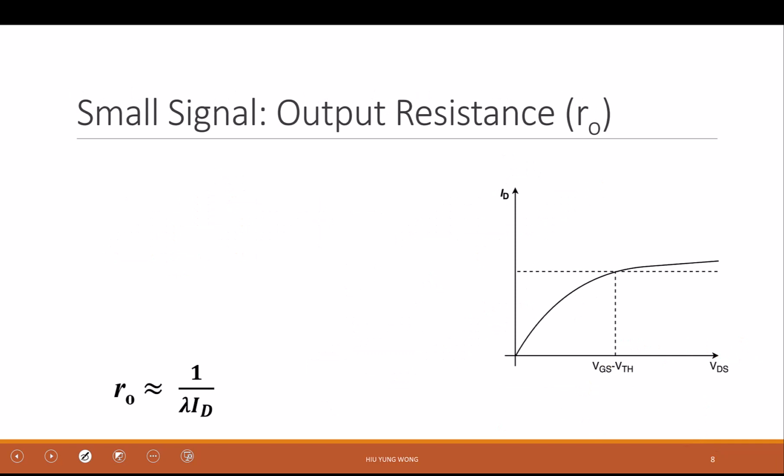Okay, then how about the output resistance? Output resistance, again, I show you how to get it from the graph, right? But now let's try to derive what it is.